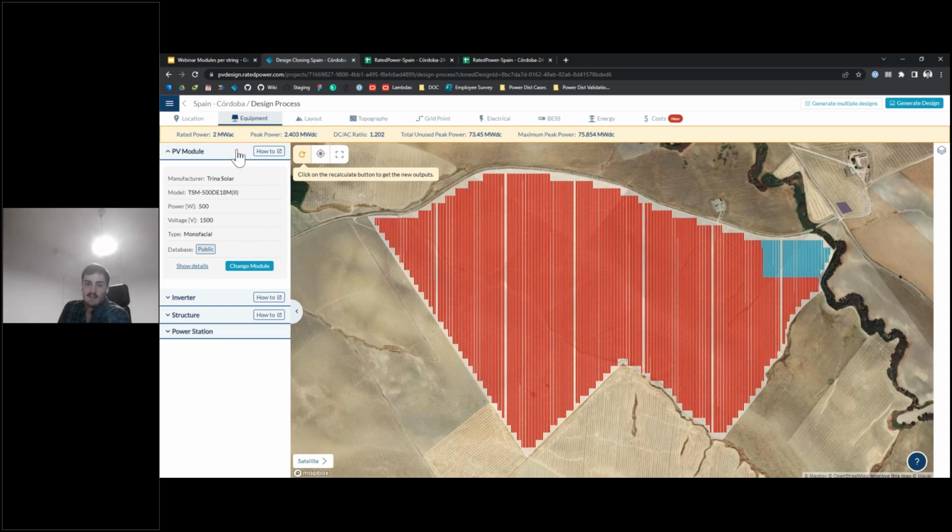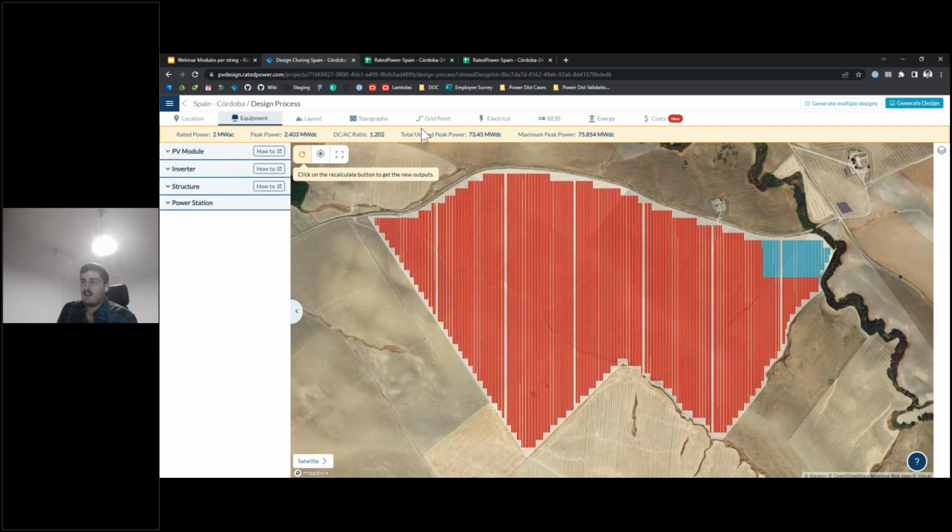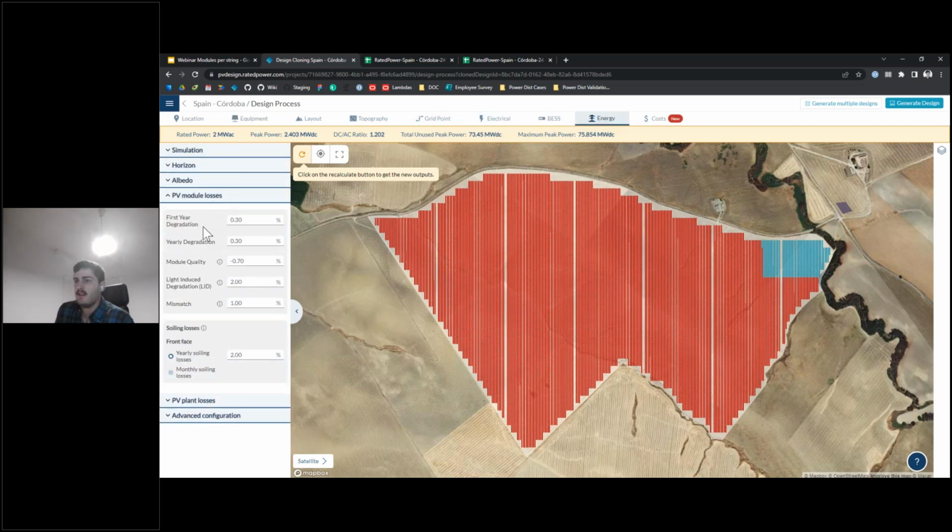Regarding the aging solar panel, what we are considering in terms of losses is the degradation that one module suffers over the years. So the first year degradation, and then the yearly degradation, and this will be directly taken into account when calculating the energy production.